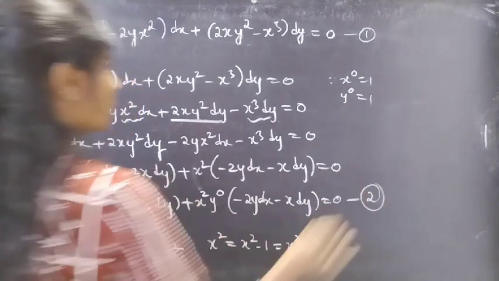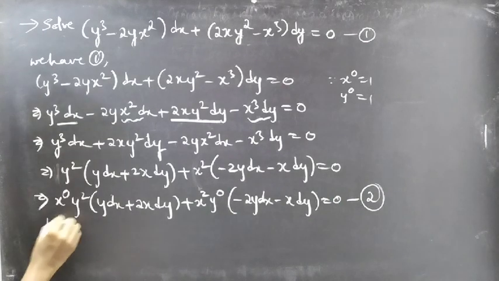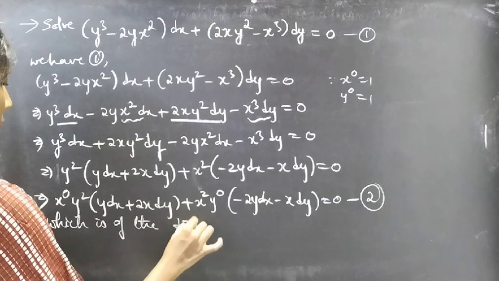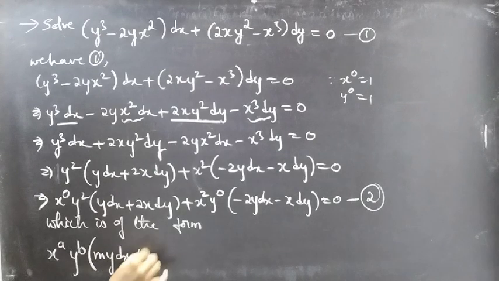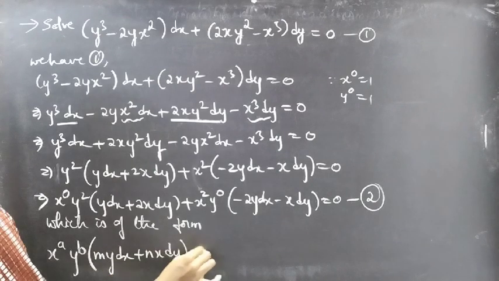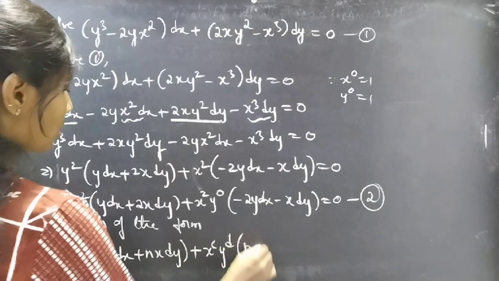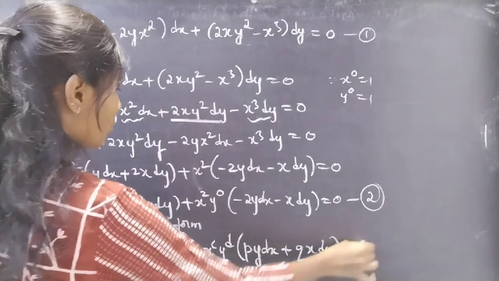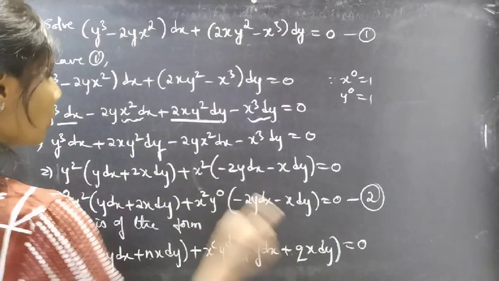Consider as equation number 2, which is of the form x power a y power b into (m y dx plus n x dy) plus x power c y power d into (p y dx plus q x dy) equal to 0, where a, b, c, d, m, n, p, q are constants.